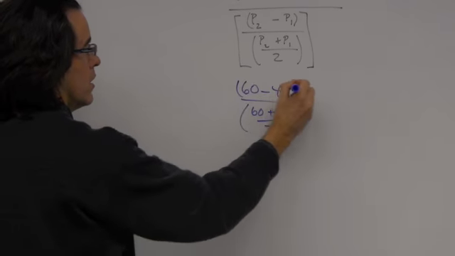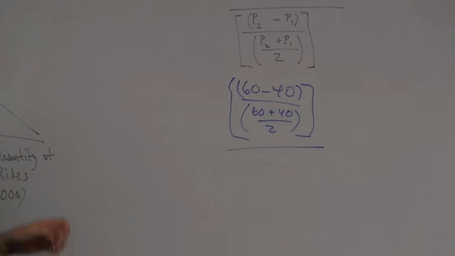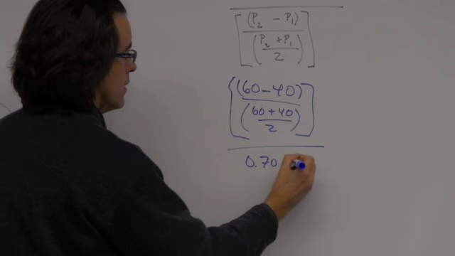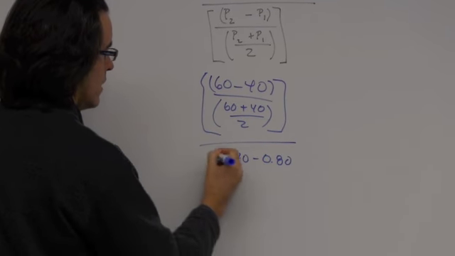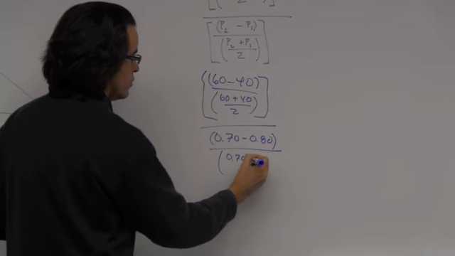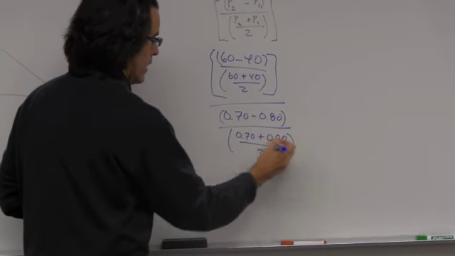This is the average. Then for the price, we have 0.7 and 0.8. So 0.7 minus 0.8, divided by the average of those two prices. So 0.7 plus 0.8 divided by 2.